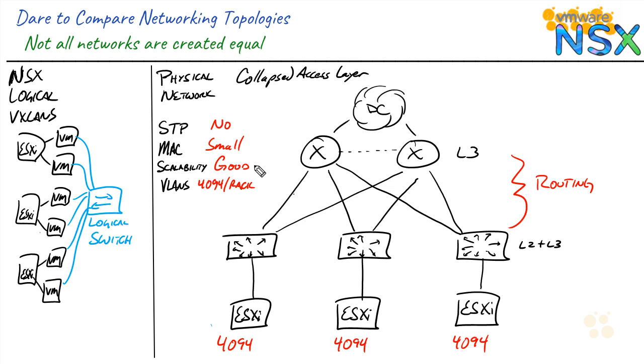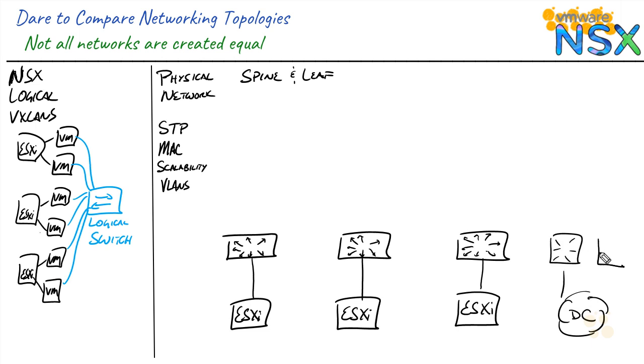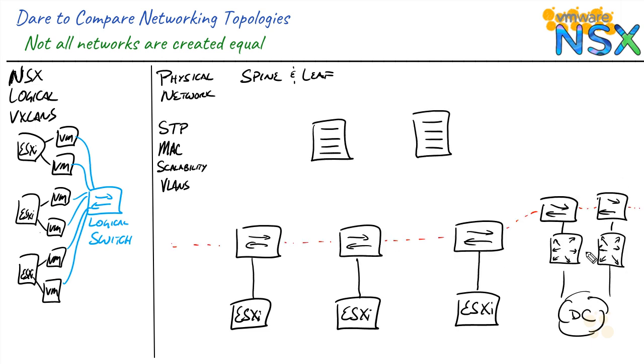Now there's one final topology that I want to make sure that we're aware of, and that is what is known as the spine and leaf topology. Now when we move to a spine and leaf architecture, we see all of our ESXi hosts are connected to access layer 2 switches.